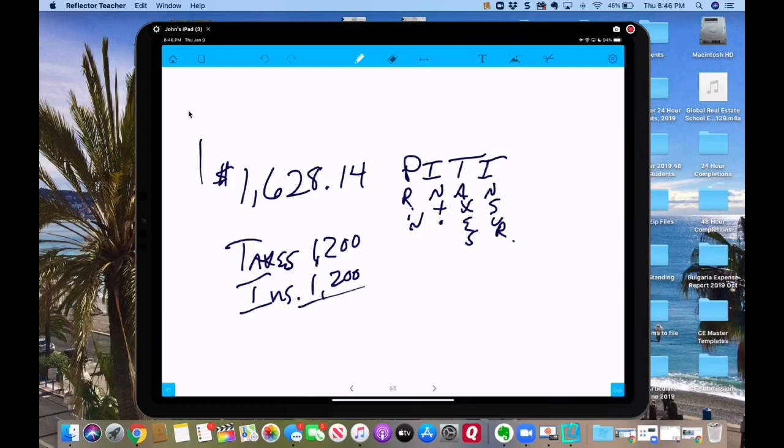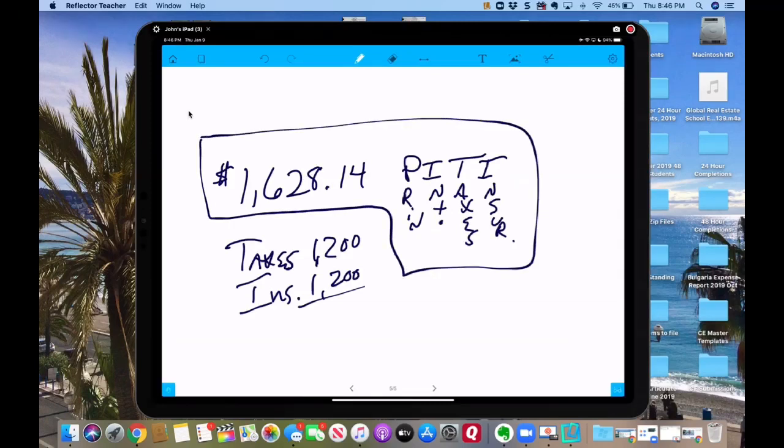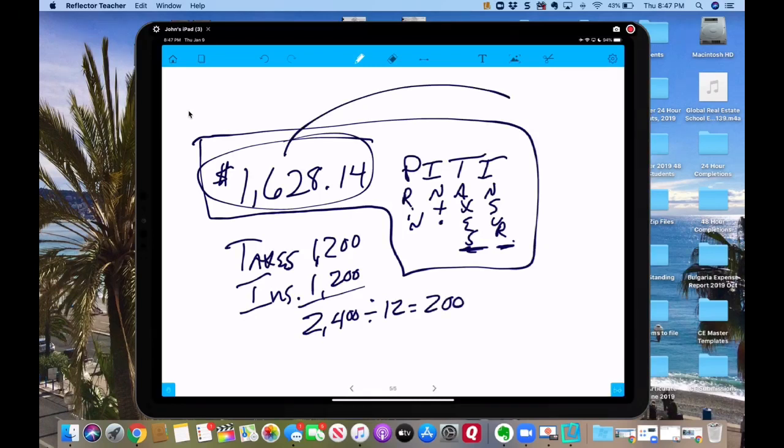But what you have to remember is this payment includes taxes and insurance. So $2,400 divided by 12 gives you $200. So when you're doing these amortization problems, you need to remember that this would be $1,428.14, okay? This is your true principal and interest. So when you get your monthly interest, you want to subtract the interest from this number, not the PITI number.